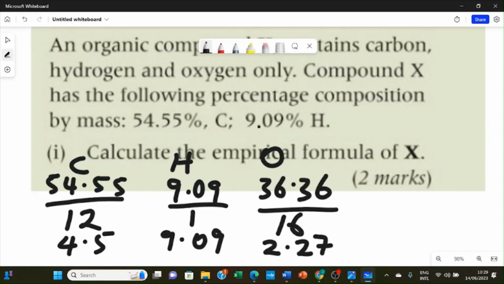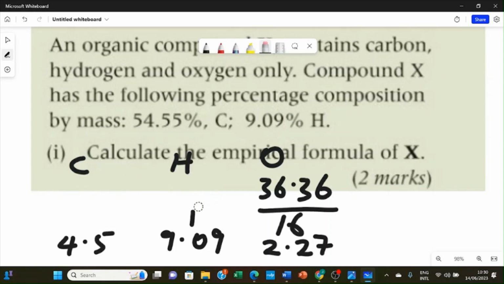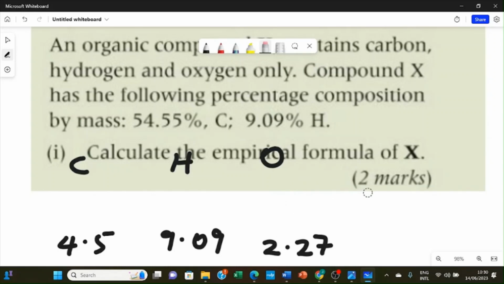So let me erase this. You divide through by the smallest. So we have 4.5 moles of carbon, 9.09 moles of hydrogen, and 2.27 moles of oxygen. So divide through by the smallest, and the smallest here is 2.27.